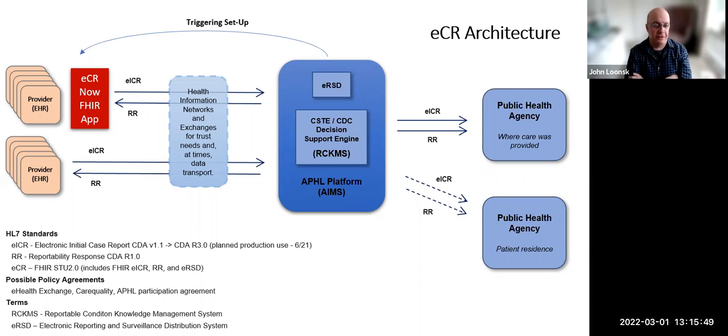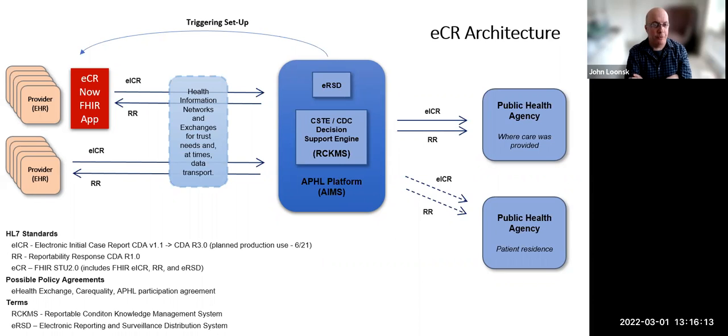That's what's identified at the line at the top. And if there's a match, a case report is sent on. The eICR, electronic initial case report, is transmitted to the APHL AIMS platform. And then the decision support engine determines if that is truly reportable, and if so, to what public health agencies it needs to be reported.